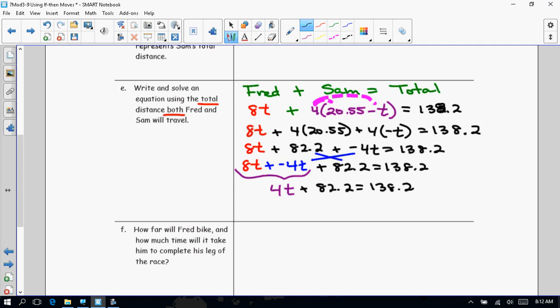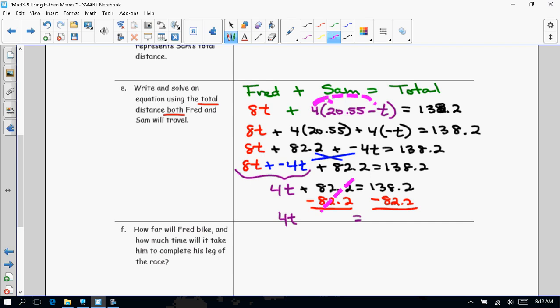Now let's move things around using the if-then moves. If I'm adding on both sides, I can subtract. So I'm going to subtract 82.2 from both sides, because what I do to one side, I have to do to the other. If you're not using a calculator, be sure you line those decimal points up. Those 82.2s cancel.